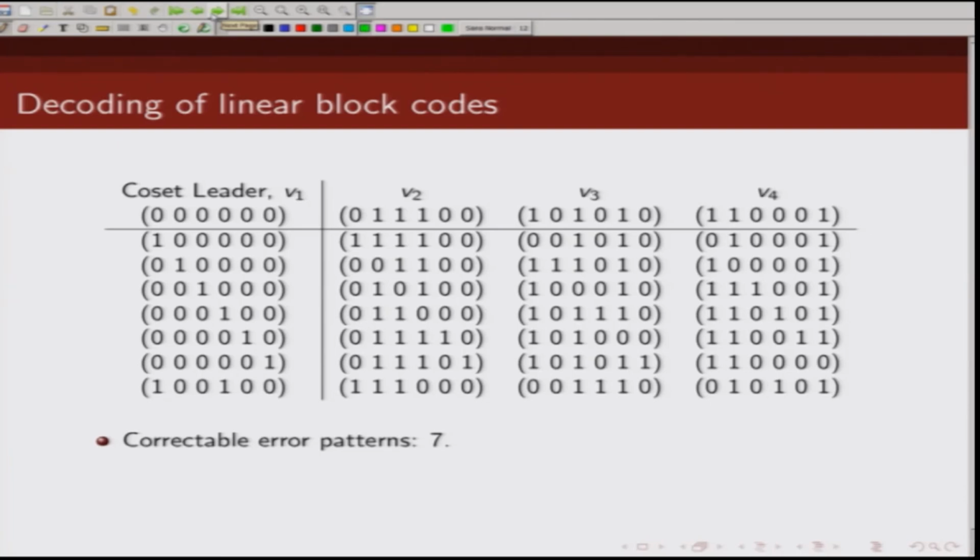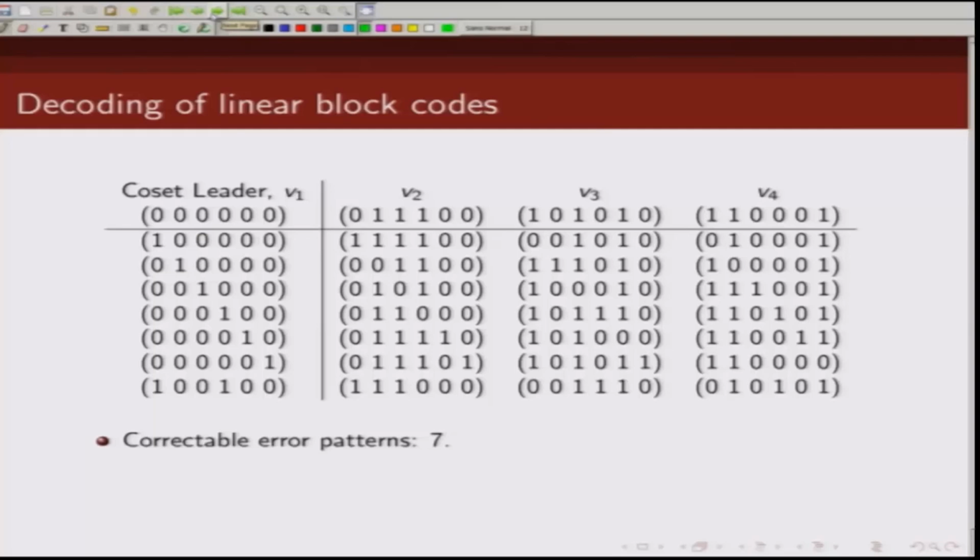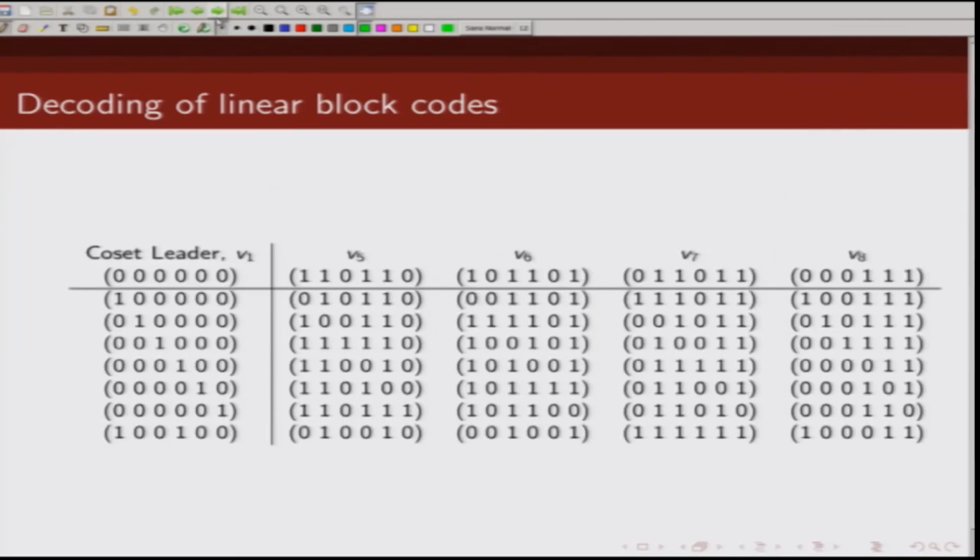The leftmost entry in the first row, which is the row of code words, should be the all-zero code word, and then you can place the other code words in any order. Now, I could not fit all the columns in one slide, so I have V1 to V4 in this slide, and V5 to V8 in the next slide.